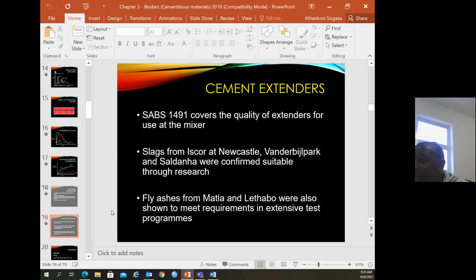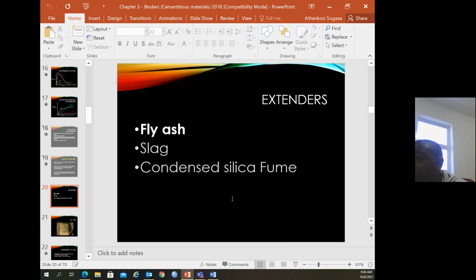Now, you go to cement extenders, which is one of the very important points that we need to look at, which is you have a slag from Newcastle. So you have fly ash, and also here are your extenders, which are fly ash, slag, and condensed silica fume.